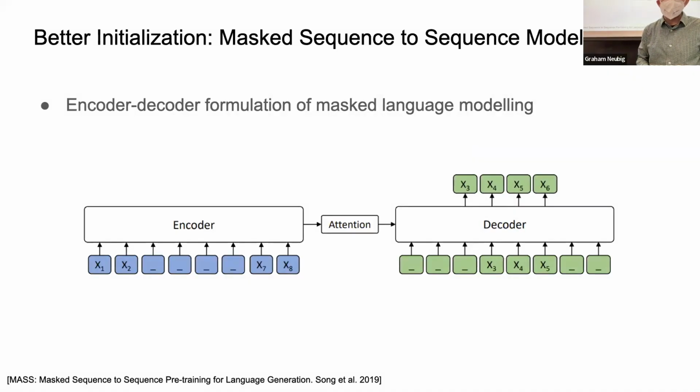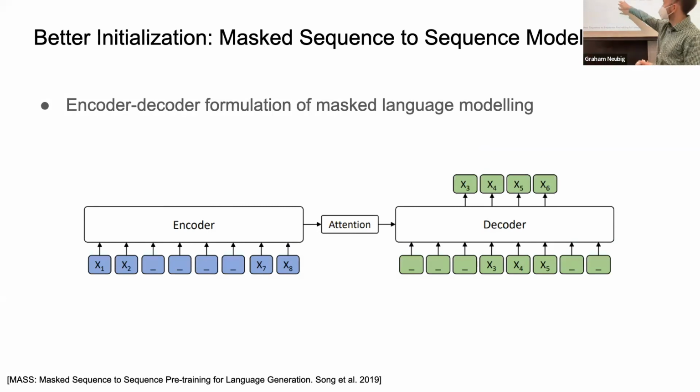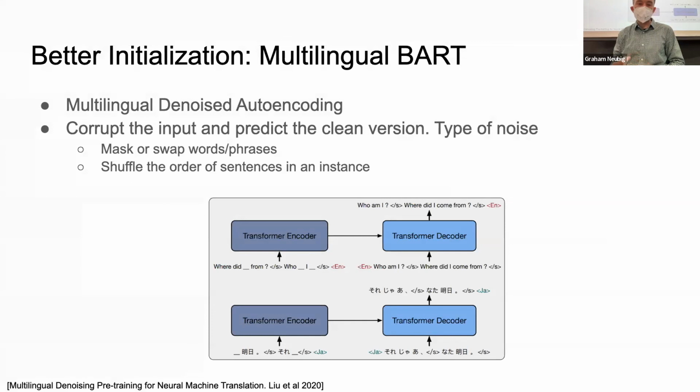Another thing is masked sequence modeling. So there's things like MASS, which is an encoder decoder formulation of masked language modeling, where you mask out a piece of the input and you generate that masked out piece of the output. And recently, a model that lots of people have been using is the mBART model, multilingual BART.